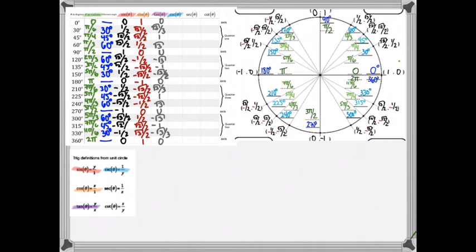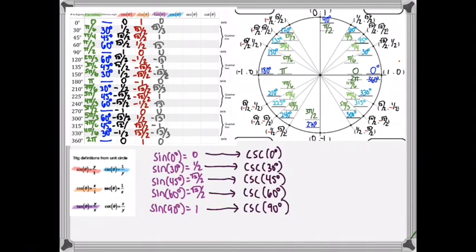So let's take a look at what sine equals straight across and how to deal with taking the reciprocal of it. Since we know that sine and cosecant are reciprocals of one another, we take these values, take the reciprocal of them, and put them right here to evaluate them out.